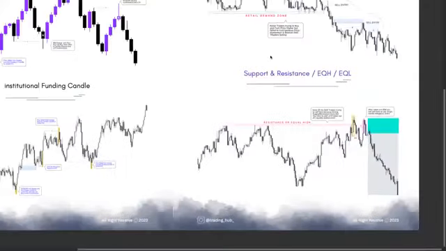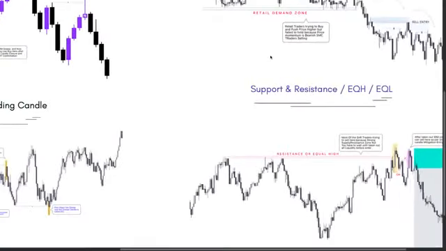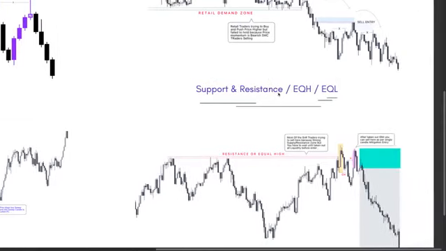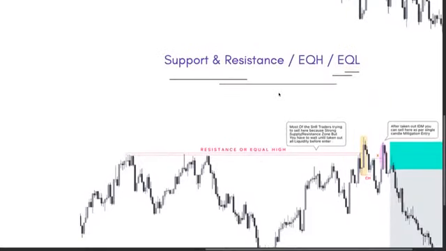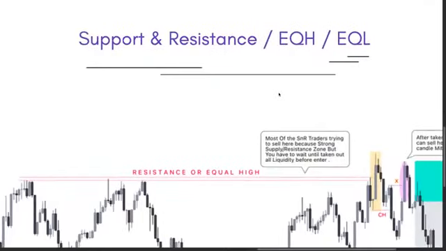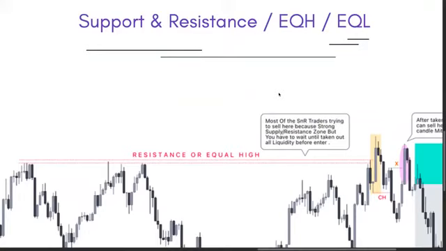So everything is a liquidity. Even an order block is also liquidity, correct? But you have to think in a different way, right? First, identify the zone where most of the people are entering for the buy or sell. For example, here, this is our resistance zone, or you can say supply zone. People are buying here, correct?